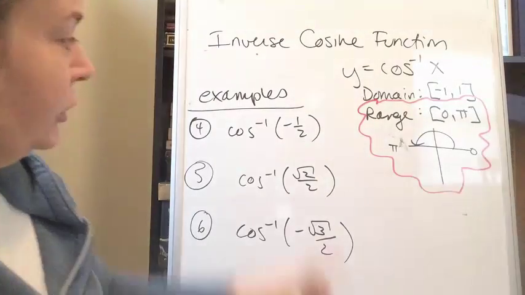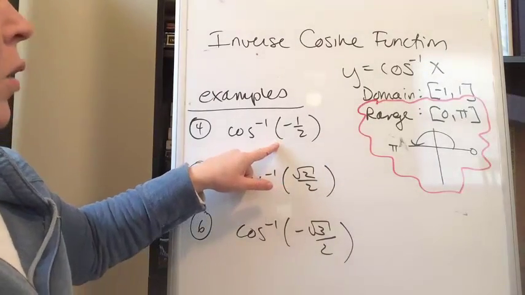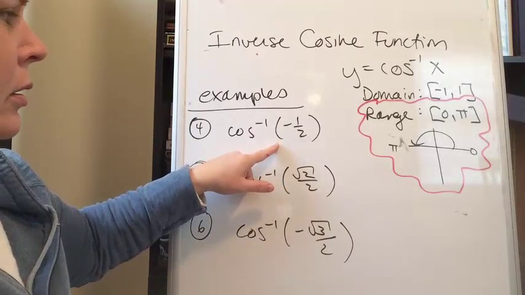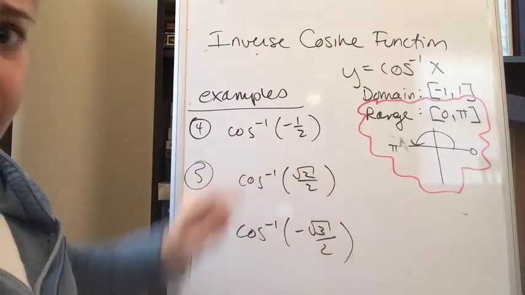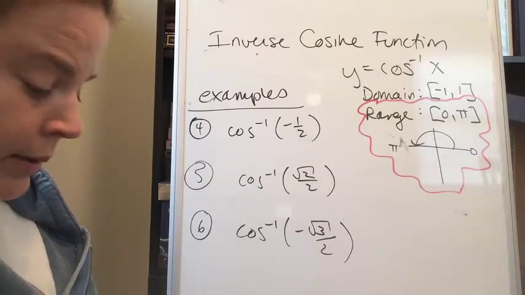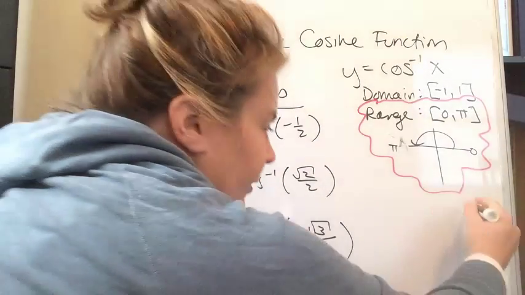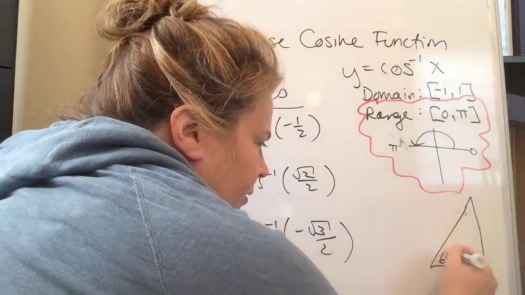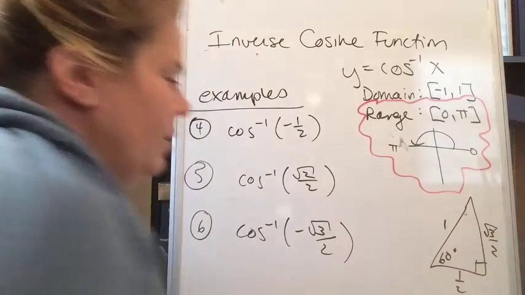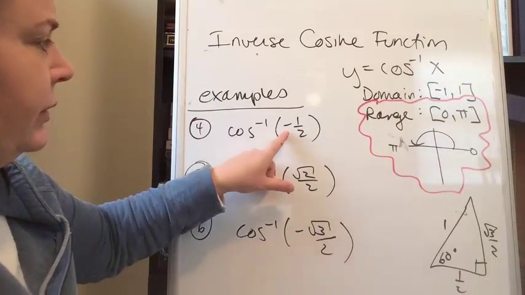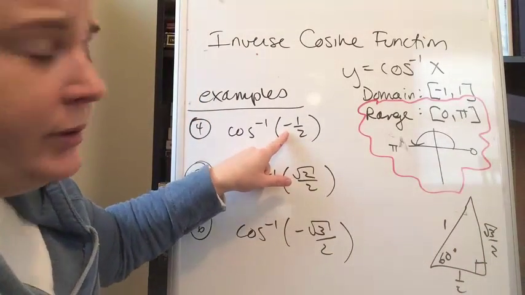Okay, so let's try this first one. What angle gives me cosine to be -1/2? Well, I might need my triangle. I didn't write that up here. Okay, so when is cosine equal to -1/2? Well, let me first do the reference angle.